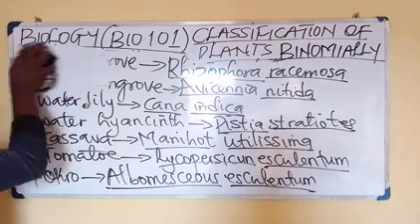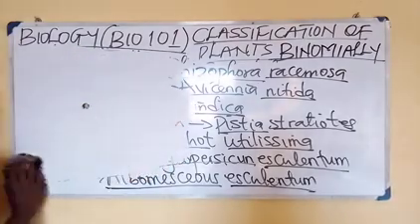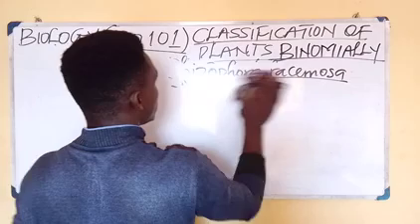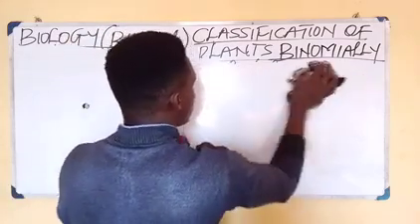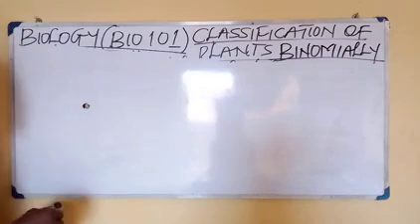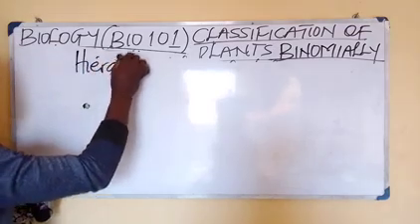We have come to the end of classifying animals binomially and classifying plants binomially. Okay, so take note of that. Now there's what we call hierarchical taxonomy.